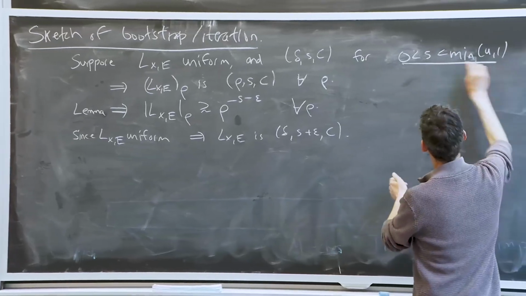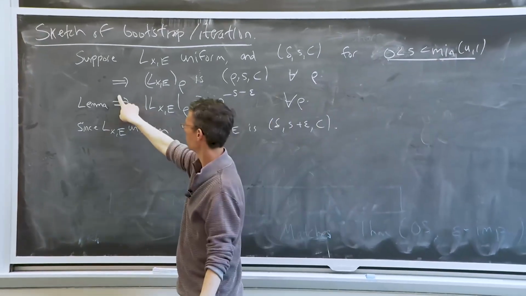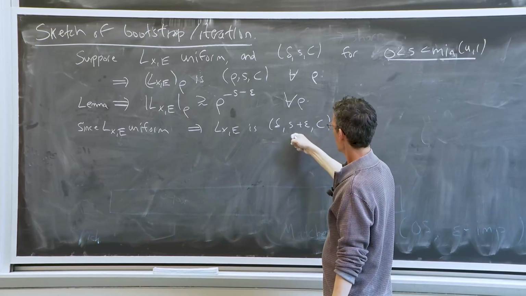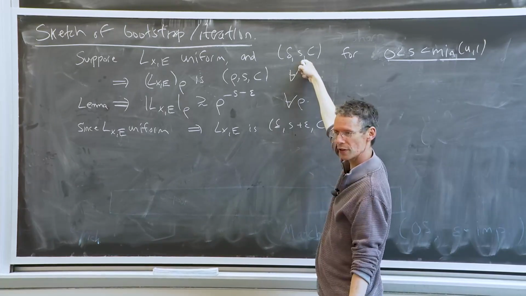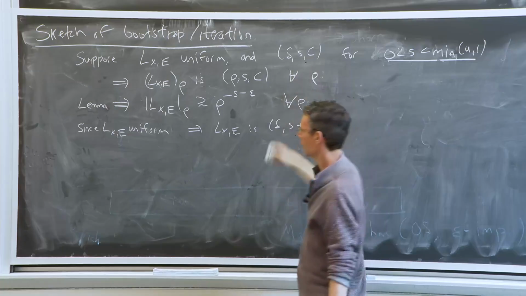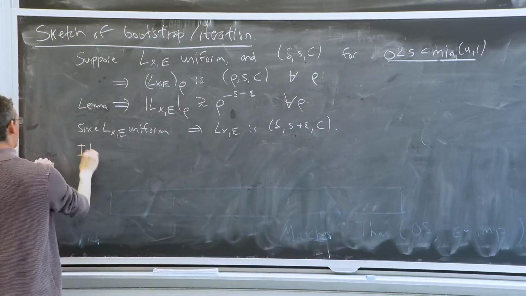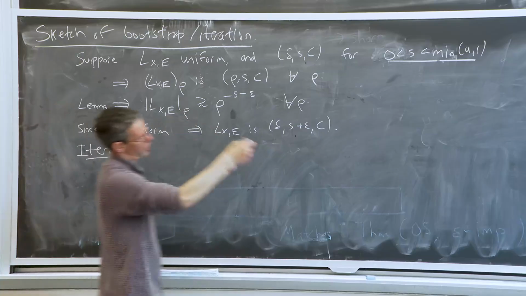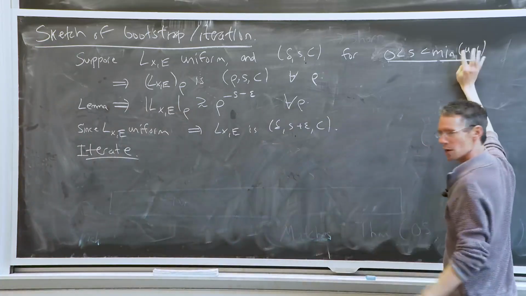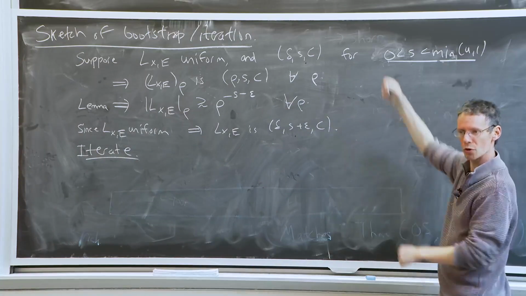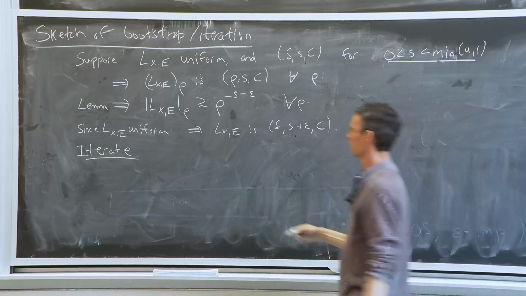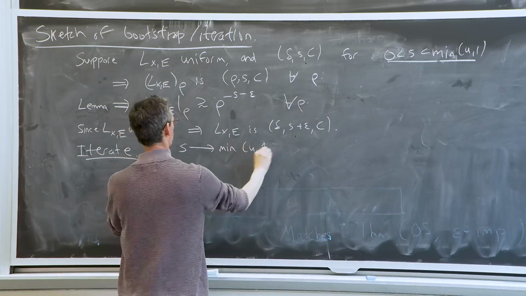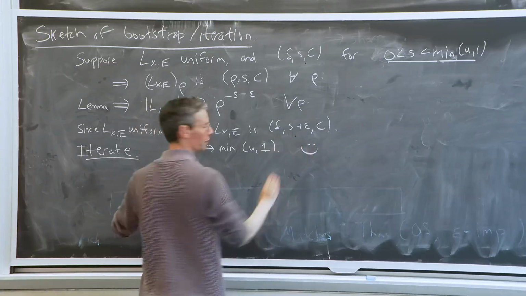All of these are hypotheses of our lemma, so we use them here. OK, now this is our starting hypothesis. So now we can iterate. So s keeps getting bigger and bigger as long as it's smaller than the minimum of u and 1. And so it will approach the minimum of u and 1. And then we're happy.